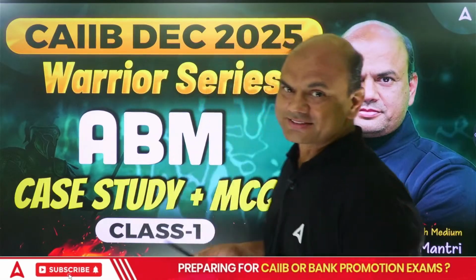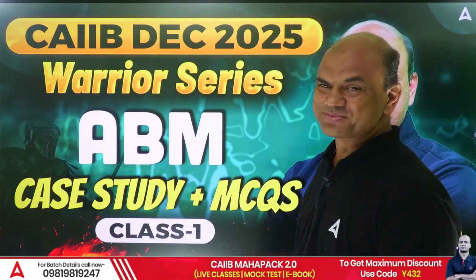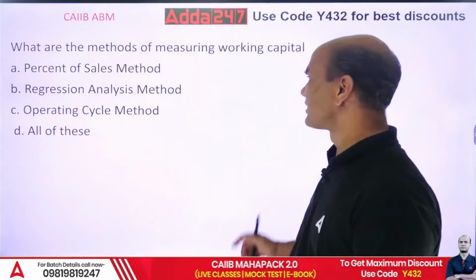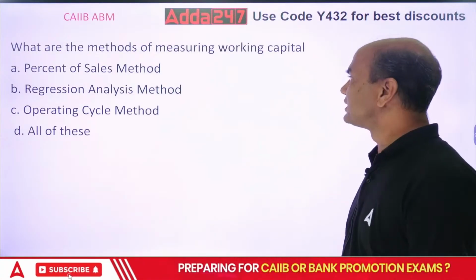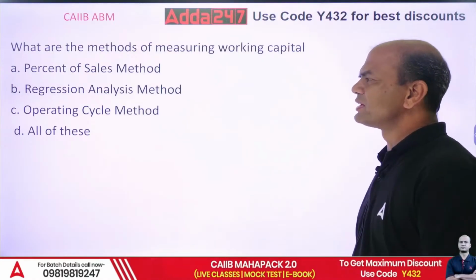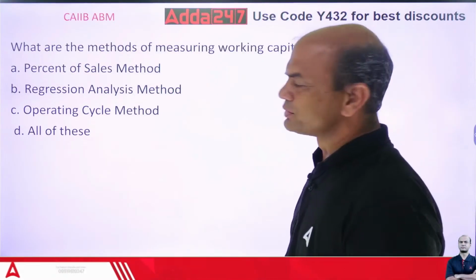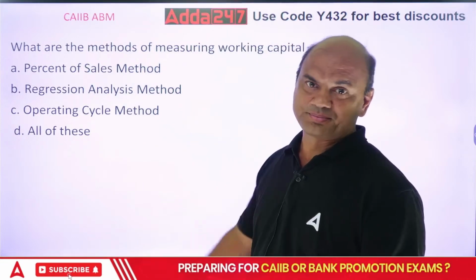Let's start. Today I'll be covering some objective questions. What are the methods of measuring working capital? Which methods are used? This is there in your module C, working capital.